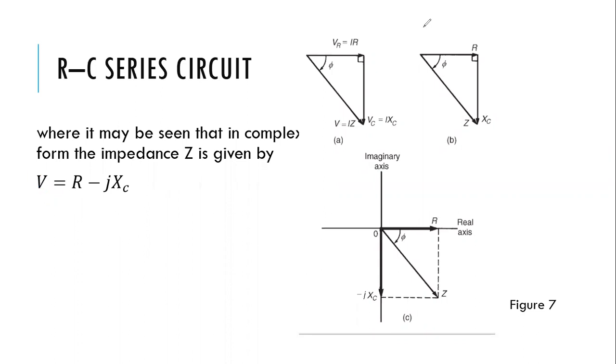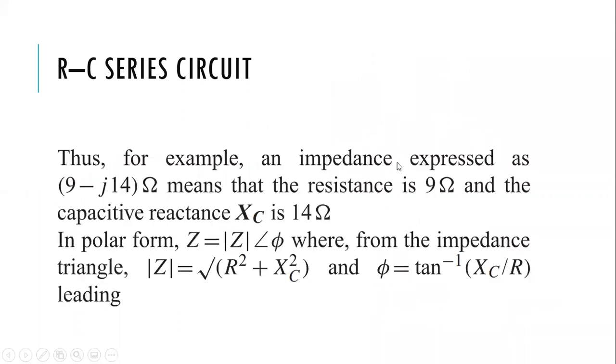Let's move on and see some examples. Like we did in the past, if you have the impedance as 9 minus j14, it means that 9 is the resistance and XC is 14 ohms.